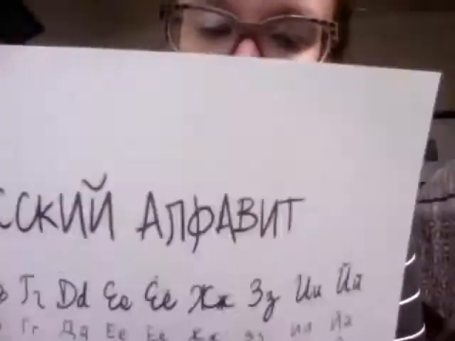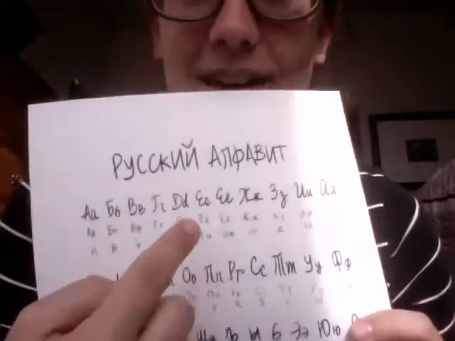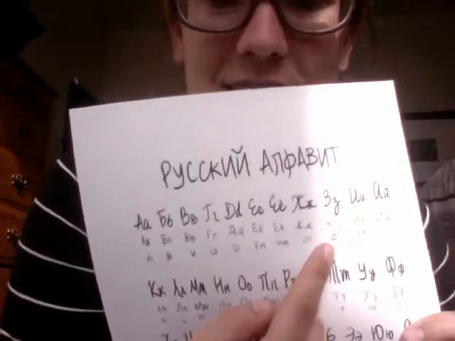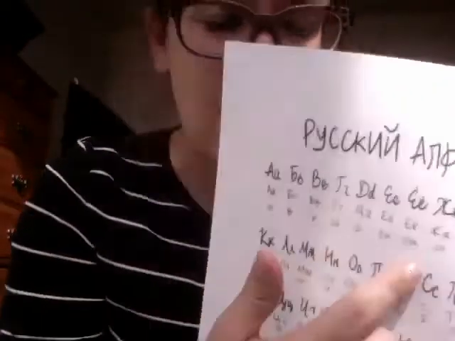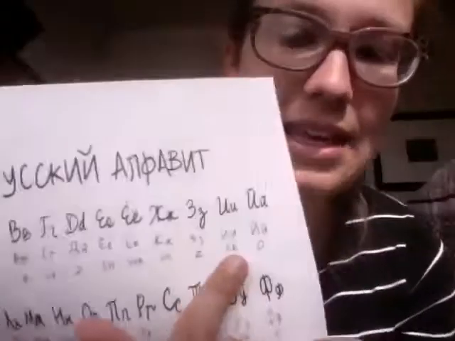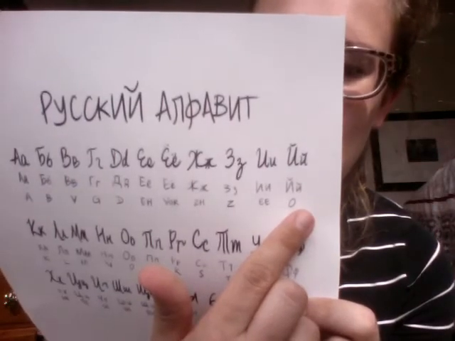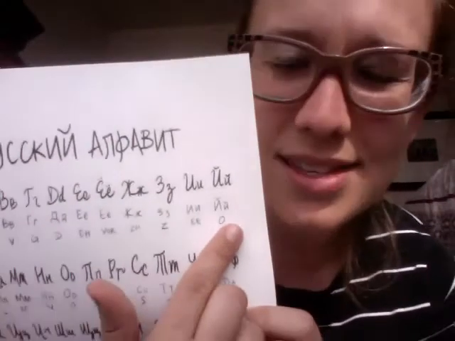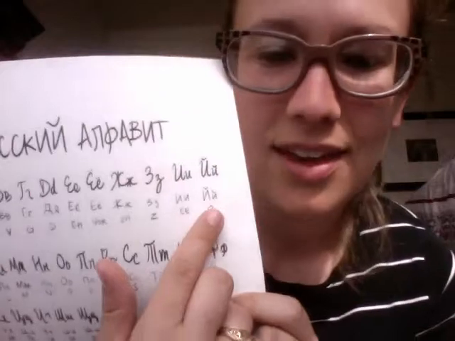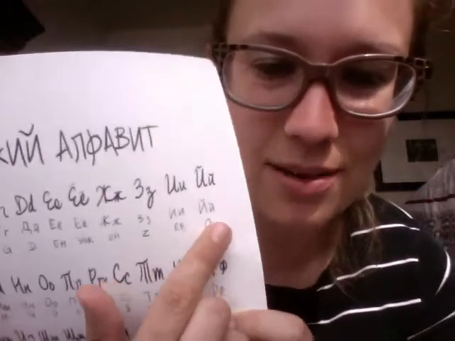Then we have Z. This is like their I, but it makes the E sound, double E. This is called Kratkaya, the name of this letter. It also makes an E sound, so I'm not sure why it has an O there. It definitely doesn't make an O sound.